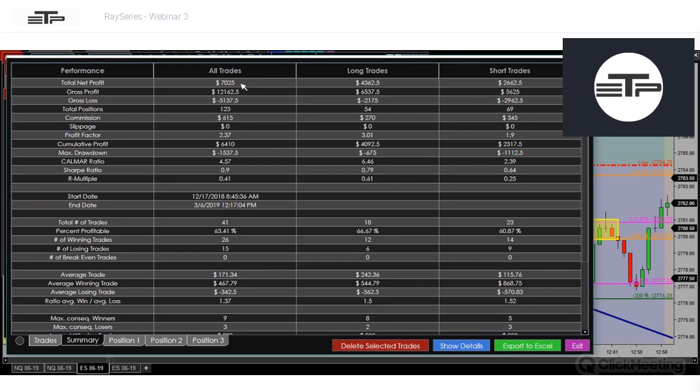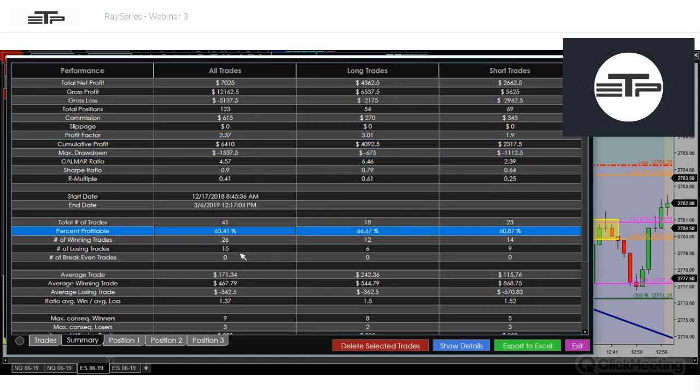So the total net profit was $7,025. The total number of trades was 41. Obviously that dropped down a little as well. Maximum drawdown was $1,500. So the maximum drawdown actually was a lot less because we traded a lot less. Profit factor was 2.37 and the percentage profitable was 63.41%.